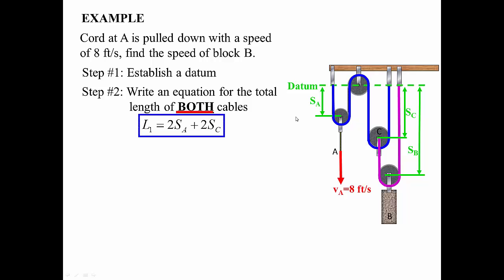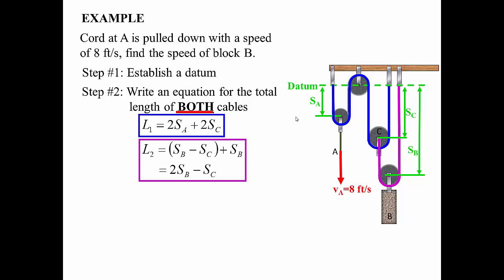So the length of cable 1 is equal to 2SA plus 2SC. The length of cable 2 is equal to SB, this total length, SB minus SC to get this length here, plus SB, this length. Simplifying, we get 2SB minus SC is equal to the length 2.